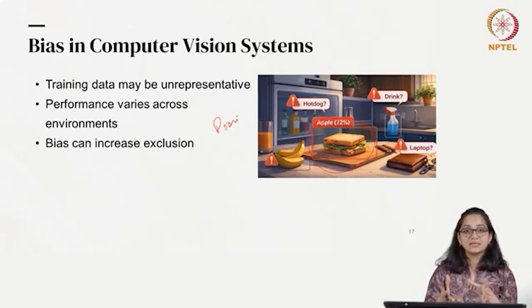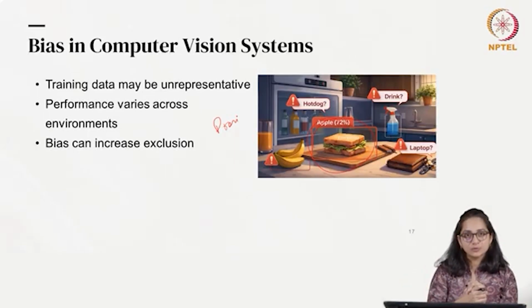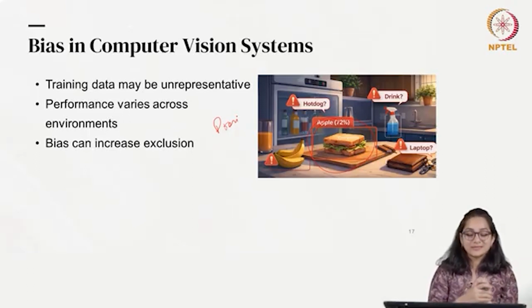So as soon as I say, please identify this image, there's breakfast in it, so it may likely predict that, okay, if it is breakfast, it is likely to be a sandwich. It will not even go into other aspects.